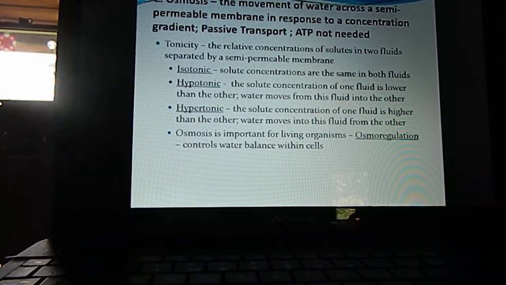If it was reversed and the red blood cell had a 5% salt solution and the plasma had a 10% salt solution, therefore the plasma is hypertonic, the red blood cell is hypotonic, then water would move from the hypotonic to hypertonic, and so we would have water leaving the red blood cell and going out into the plasma, and the red blood cell will shrink or shrivel.